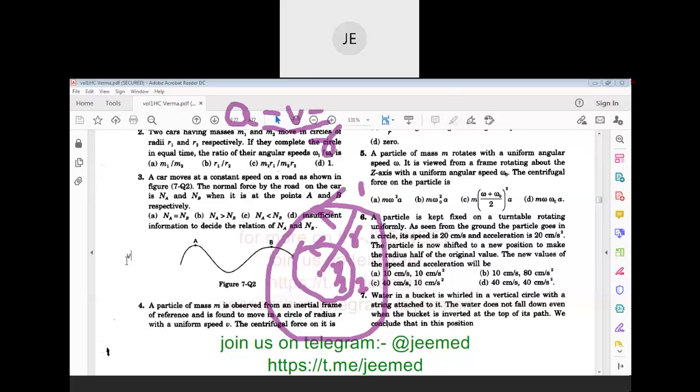We need omega. Omega is equal to v by r. From the first data, v is 20 and radius also 20, so omega is equal to 1 radian per second. Substitute this 1 radian per second in the formula v is equal to r omega, and you will get the speed.